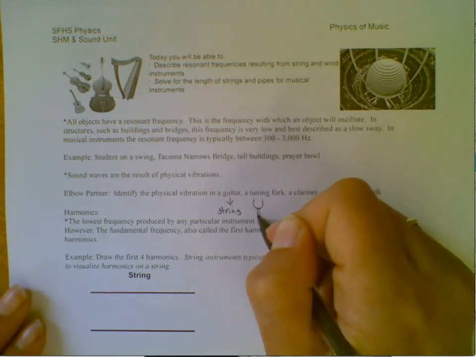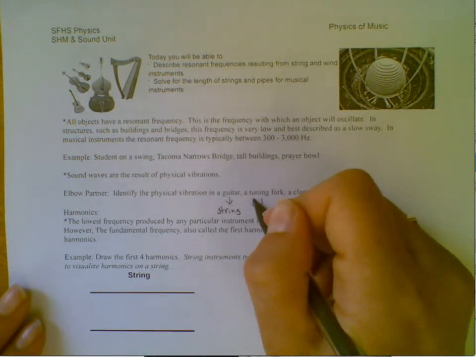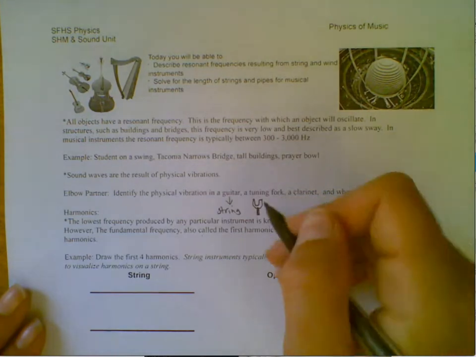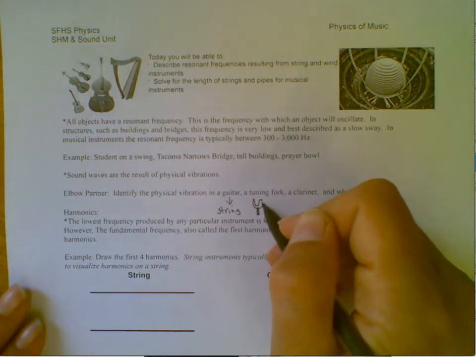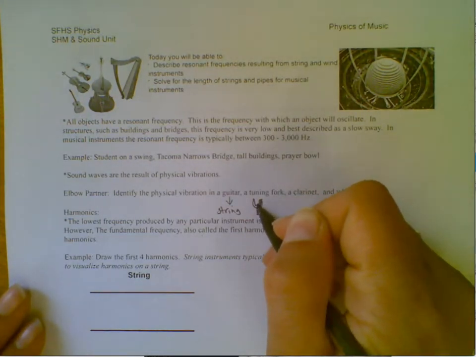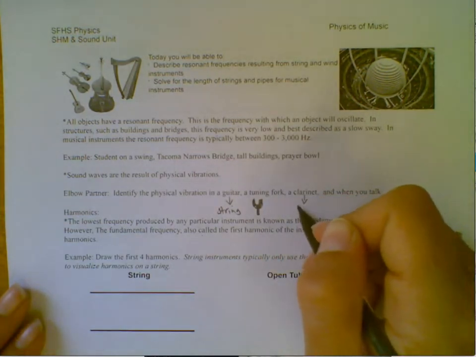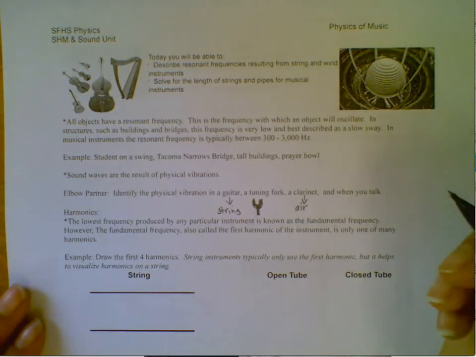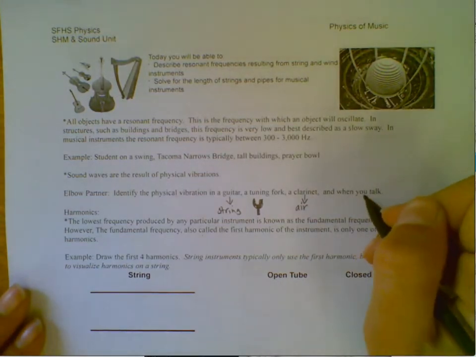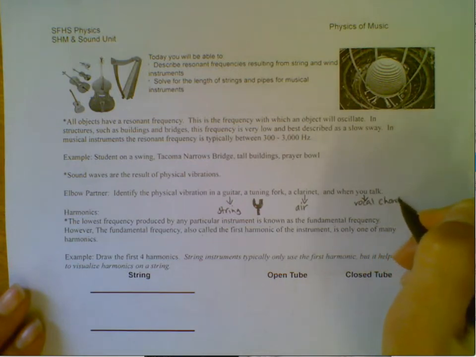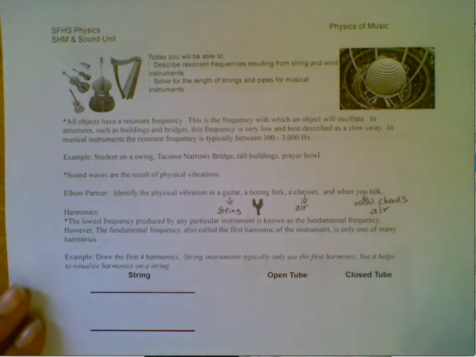It's a little piece of metal, and you hit it with something else, and it vibrates in the air, okay? And so the air and the metal tuning fork are what vibrate and cause a sound. A clarinet is going to be the air inside. When you talk, it's your vocal cords that vibrate, and then they vibrate the air around them, okay?